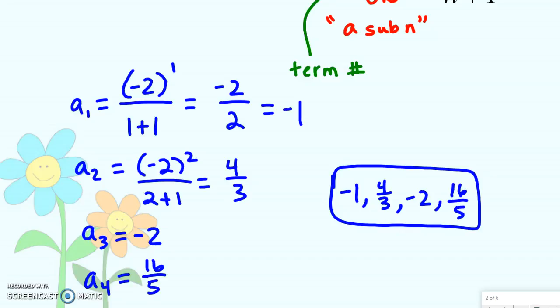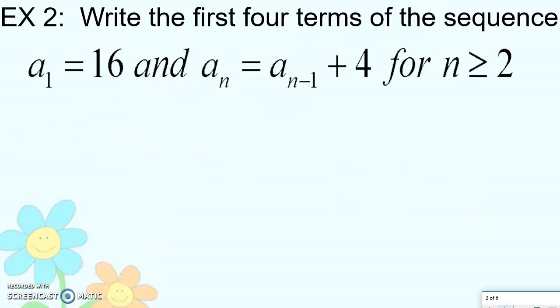So plugging in for n. I'm going to do the same thing here, but this time I see this notation A sub n minus 1. So if it's n minus 1, then whatever term we were on, we want the 1 before that. So anytime you see an A sub n minus 1, this means previous term.